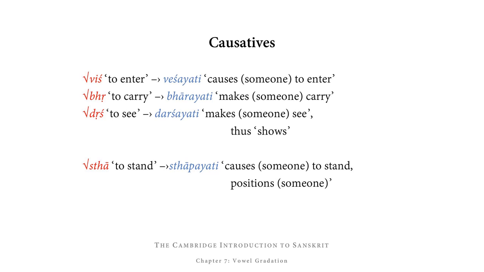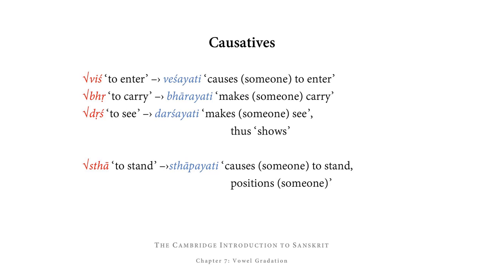What's happening here is that we take these roots, we put them in whatever vowel grade is enough to make these first syllables long. So from vish, zero grade, we just need vesh, guna, to have a long syllable. From bhri, we need to go not to guna, bhar, but to vriddhi bhār, to have a long first syllable in bharayati.